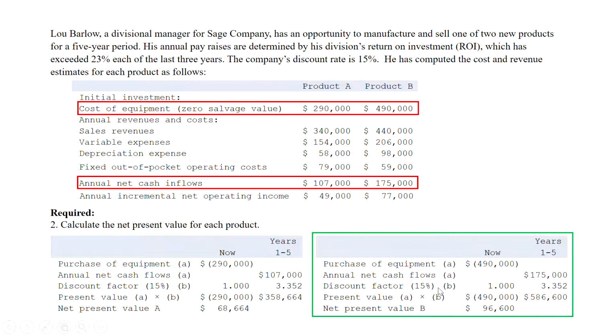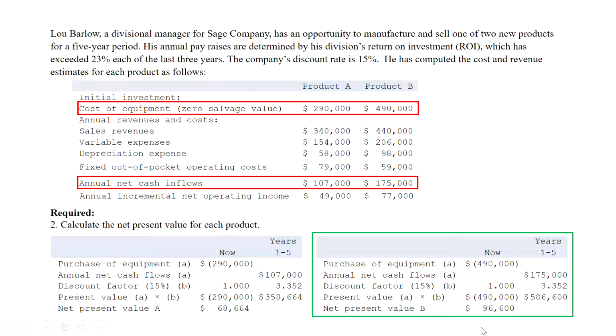An assumption for this one also is that the inflows can easily be reinvested in a project at least equal or greater than the minimum required rate of return, which in this example is 15%. And for most companies, that's pretty realistic.